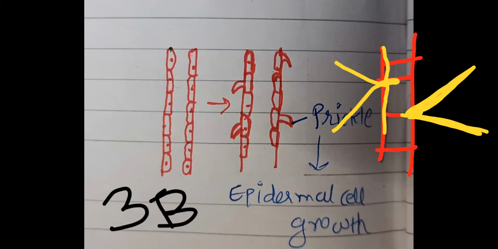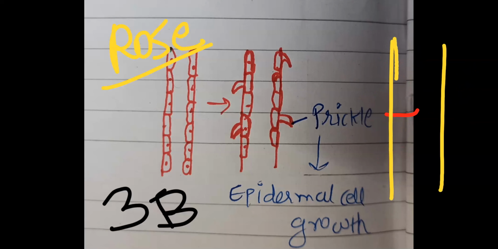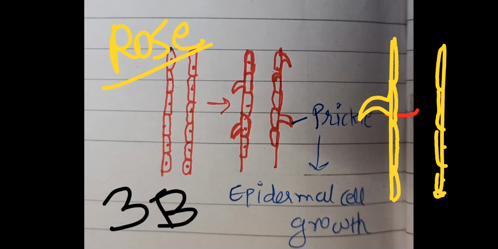Whereas in case of one of the examples, rose, in that the outermost layer of the stem, the epidermal layer that we call, and this epidermal layer at certain points forms this curved structure, pointed curved structure.